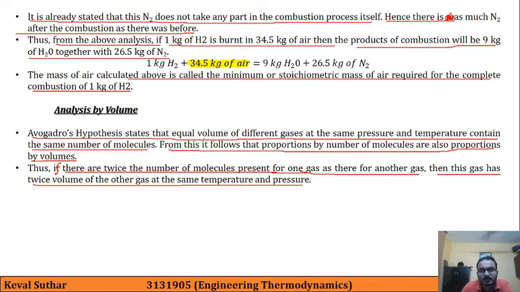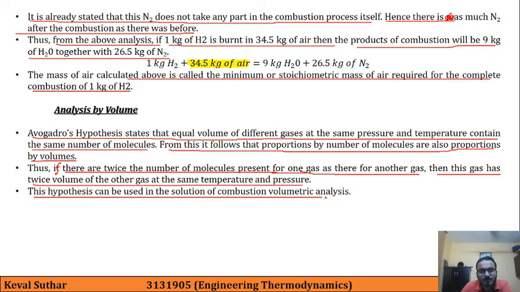So this is the equivalence between the number of molecules and equal volume for a given pressure and temperature between two gases. And this hypothesis can be used in the solution of combustion volumetric analysis.